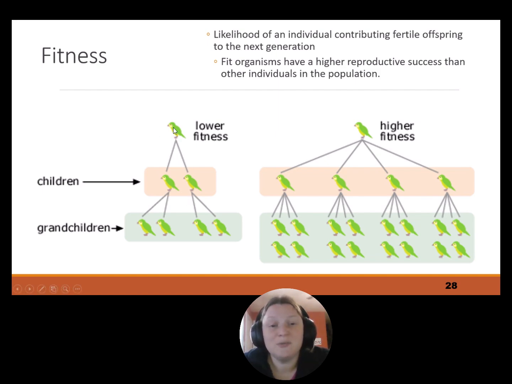We have this first little bird who has a low fitness, and when she reproduces, she has 2 babies, and her babies only have 2 grandbabies. So she has a low fitness. The bird on the right has a higher fitness. This bird has 4 babies, and each of her babies has 4 babies. So much higher fitness.